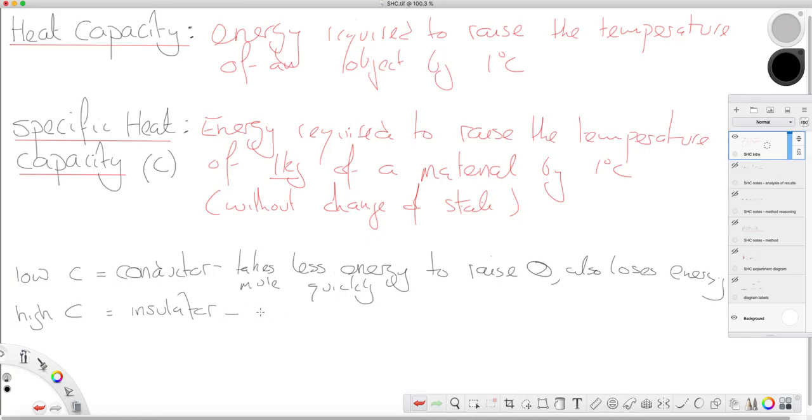An insulator, well, that takes more energy. Now this, a saucepan would be a good example there. Takes more energy to raise the temperature, and it loses the energy more slowly.